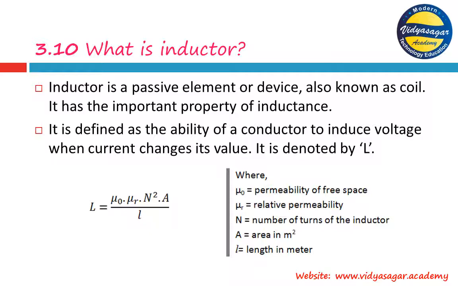Mu 0 is the permeability of free space. Mu r is the relative permeability. N is the number of turns of the inductor or coil. A is the area in meter square, particularly the area of the core, and l is the length of the complete conductor which is forming the coil itself.